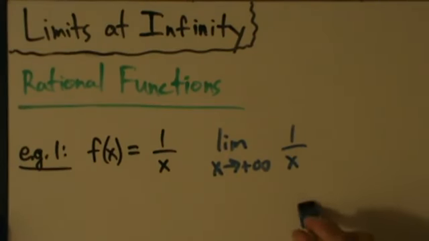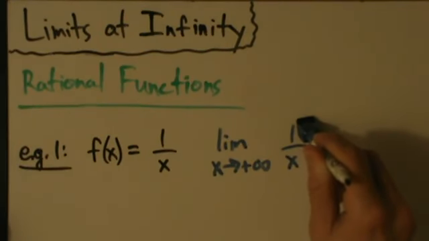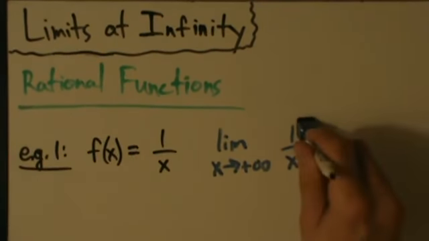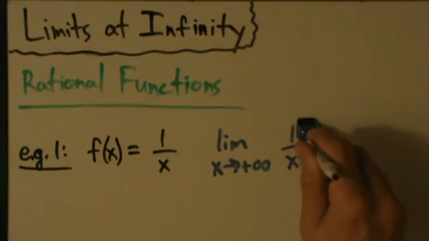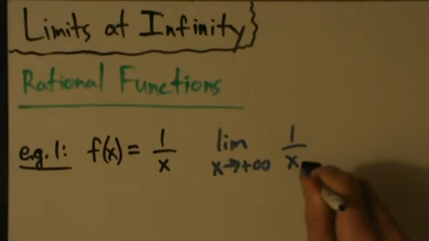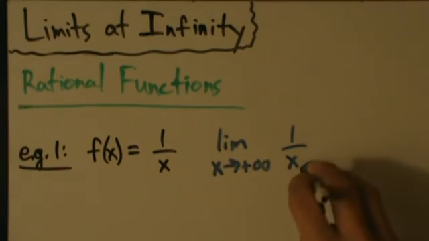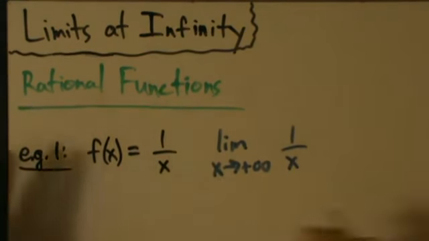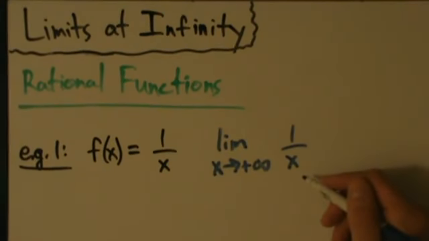And when you have a fixed number on top, whether it's 1, 2, 3, even if it's something like 10 billion, doesn't matter how big it is, the point is the number on top is fixed, it's a constant, but the number on the bottom, x, keeps growing without bound. It gets larger and larger and larger and it never stops growing. So what we have is a fixed number divided by something that just gets infinitely huge. It just never stops growing. So number divided by something huge, that goes to 0.